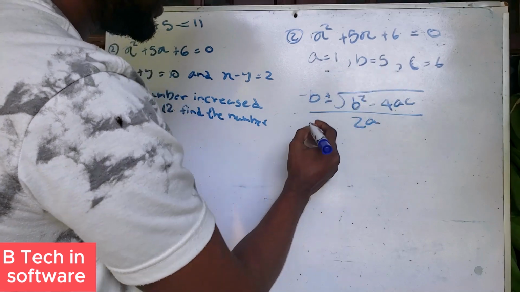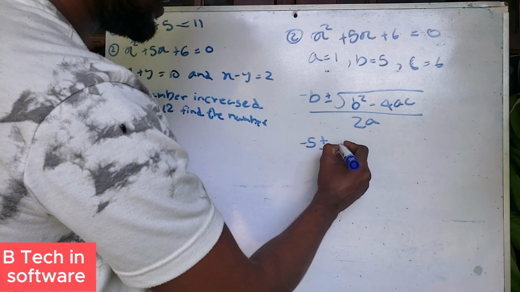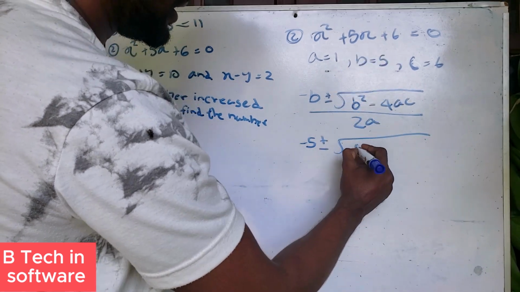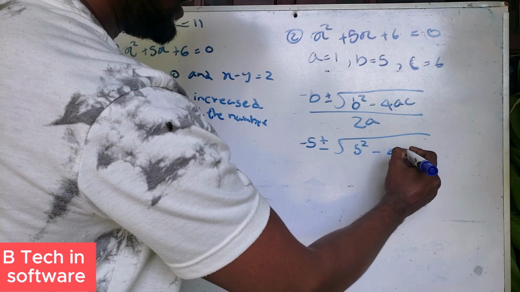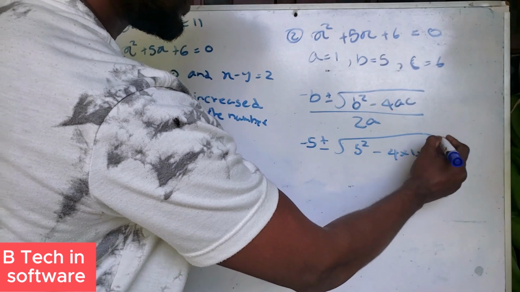Now here you can see b is 5. Now minus 5 plus or minus the square root of b squared, b is 5 again, 5 squared, minus 4 times a, a is 1, and c is 6.